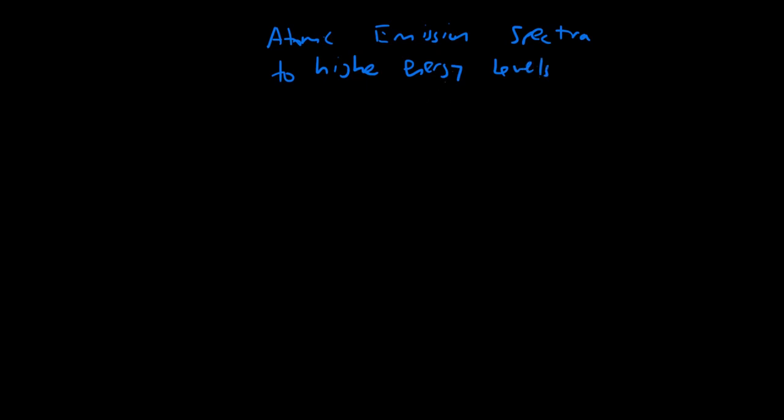And the excited electrons can't stay at those high energy levels for long, so they will drop back to their original lower levels. And as they fall back to those lower levels, they release energy in the form of photons.